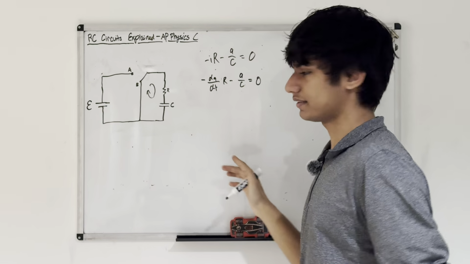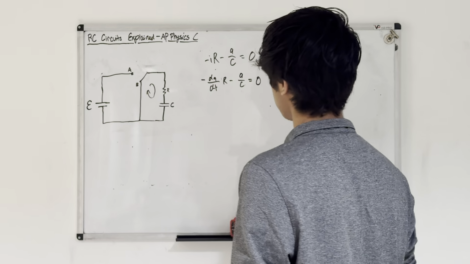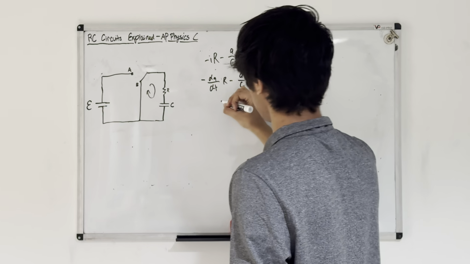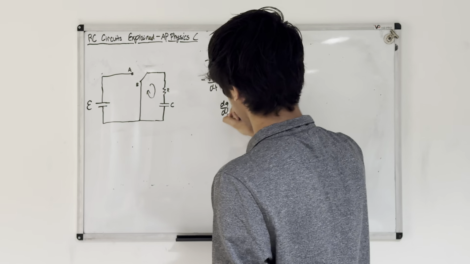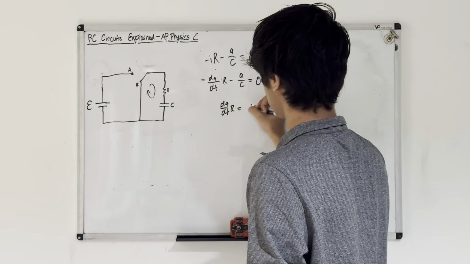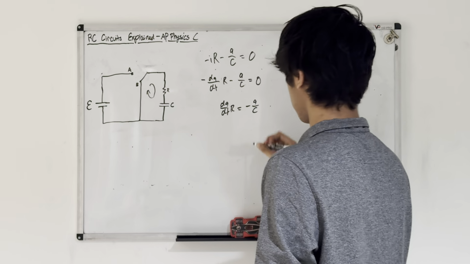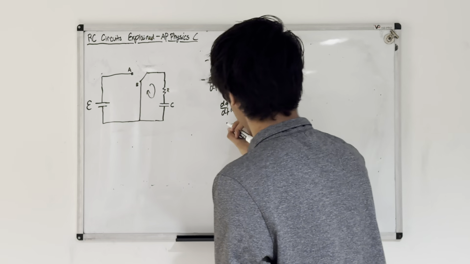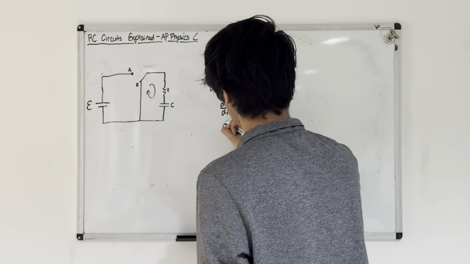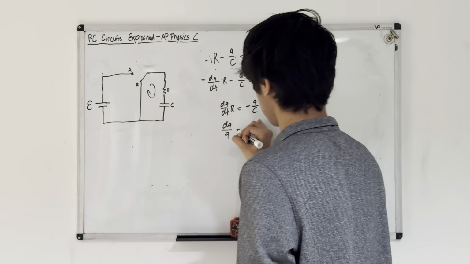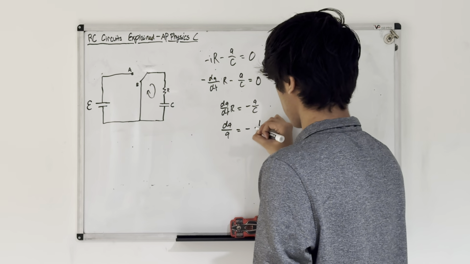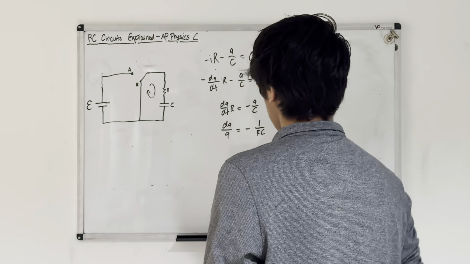This is a pretty easy differential equation to solve. All we have to do is move the dq/dt to the left side. This equals negative Q divided by C. Then we move the Q to this side, everything else on that side. We get that dq divided by Q is equal to negative 1 divided by RC. Now we can integrate.